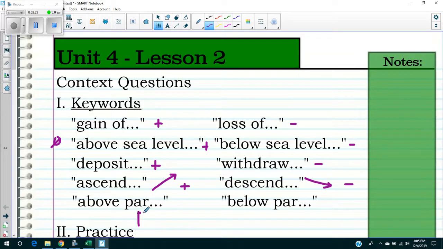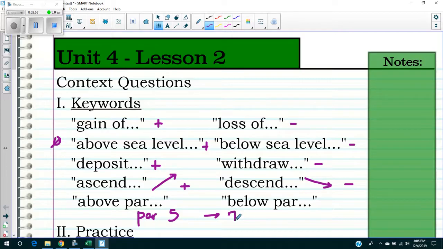So if the round of golf is a par 5, they're saying that for a reasonably skilled golf player, it would take them 5 shots from teeing off until they put the ball into the cup.